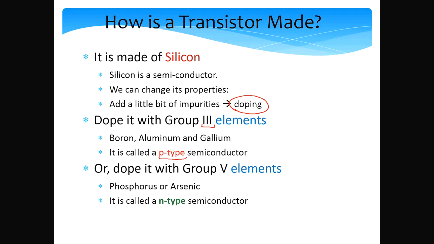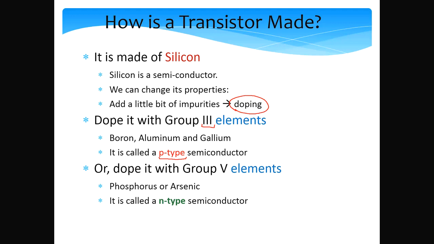In this case, the conductivity of the semiconductor will actually increase. We'll discuss how, but the basic idea is that if we dope silicon with a group 3 element of the periodic table, its conductivity will increase, and there are ways to control that.